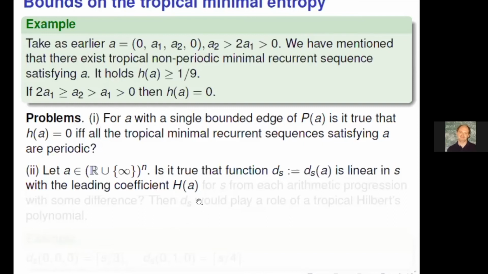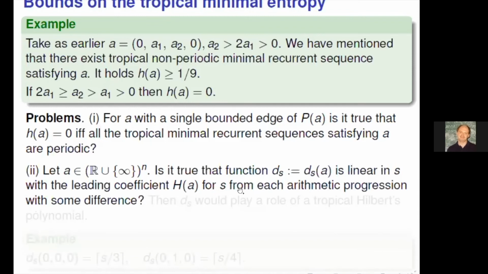And is it true that this function is linear in S for S from each arithmetic progression with some difference? So the conjecture is that there is some difference. And if you consider the arithmetic progressions with this difference, then function ds on each arithmetic progression would be linear.